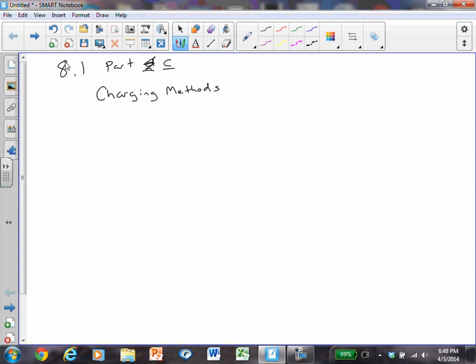And the first one is charging by chemistry. And it has to do with what we talked about in the last part, where we discussed electronegativity, on how well materials hold on to their valence electrons.